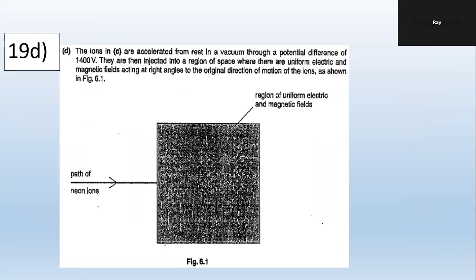Ions of neon are accelerated from rest in vacuum through a potential difference of 1400 volts. They are then injected into a region of space where there are uniform electric and magnetic fields at right angles to the original direction of motion of the ion, as shown. This is your velocity selector.